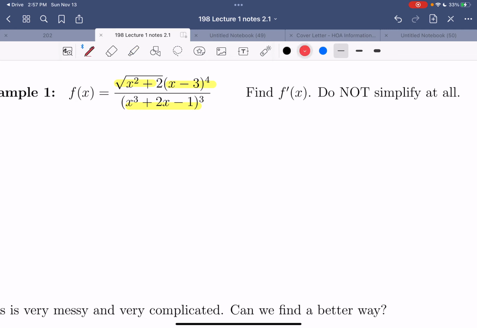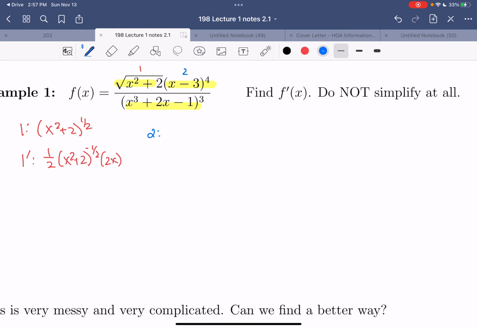Your function 1 is the square root, or x squared plus 2 to the 1/2. Its derivative, using your chain rule, is 1/2 x squared plus 2 to the negative 1/2 times 2x.